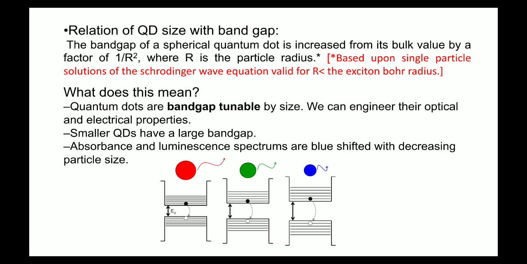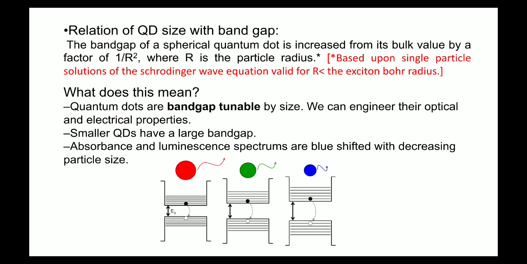So here you can see the relation of quantum dot size with the band gap. The quantum confinement effect is very strong in a zero dimensional material as compared to a three dimensional material. So we are taking a special example of quantum dots where the degree of confinement is 3. In all three dimensions, the material is at the nanoscale, so the electron is confined in all three dimensions.